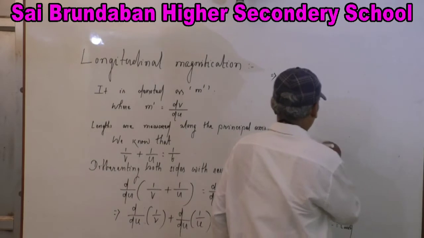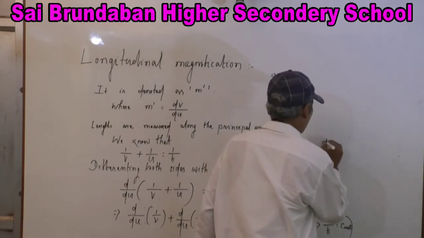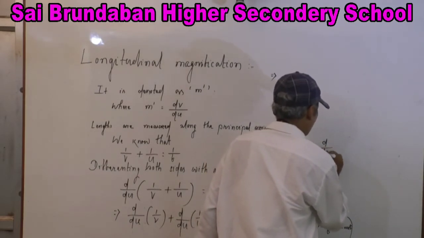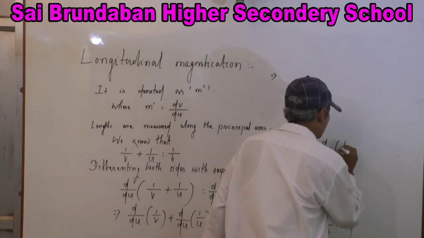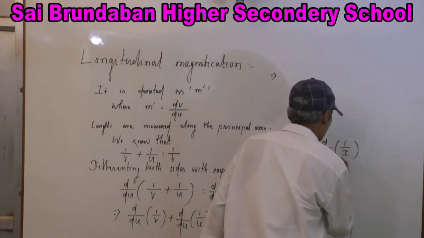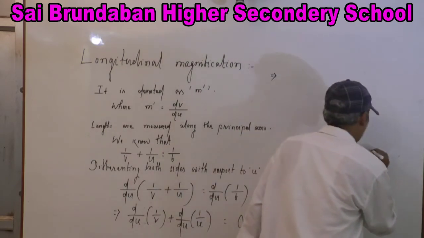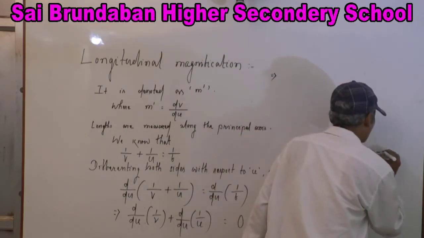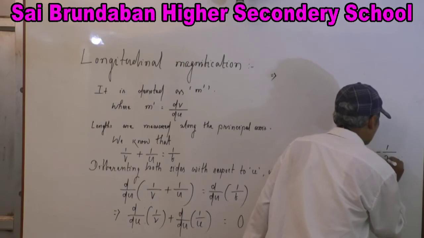Remember, d by dx of 1 by x is minus 1 by x square.